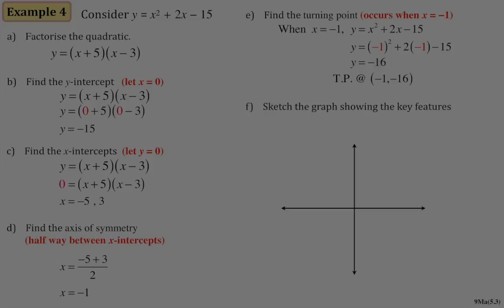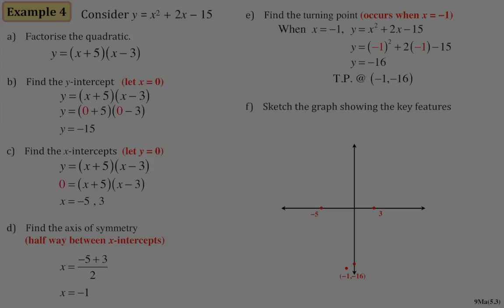Let's do a sketch. Well, let's go to where we think (-1, -16) is roughly. You go left 1 and down 16, just put a dot and label it, minus 1, minus 16. We know this parabola opens upwards because it's a plus x squared. We know it goes through the y-axis at minus 15 and the x-axis at minus 5 and 3. So there's my x values of minus 5 and 3.